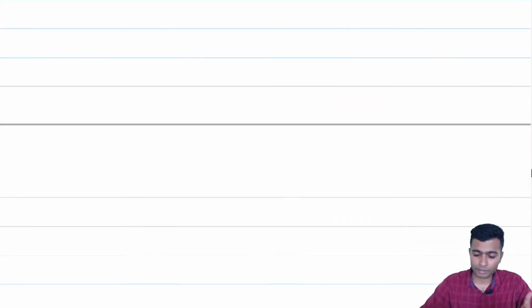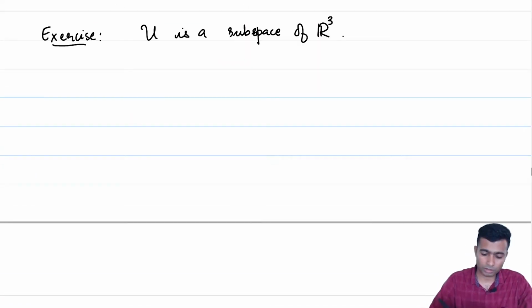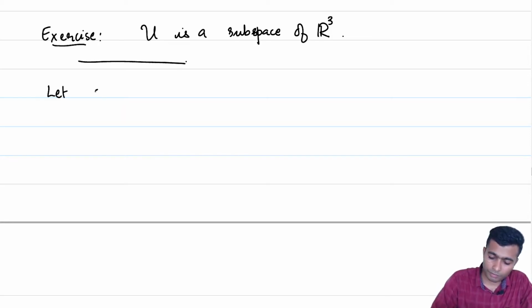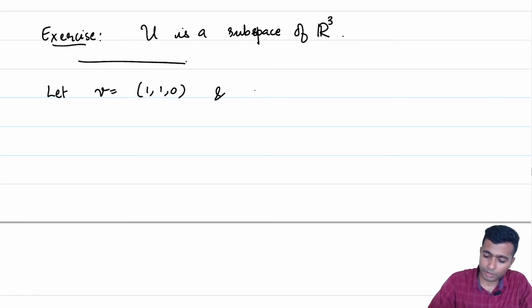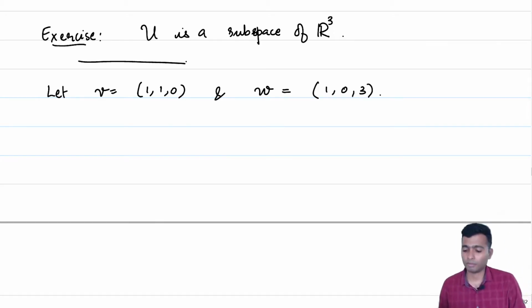Okay, let's play the game with more vectors now. So let V be equal to (1, 1, 0) and small w be equal to (1, 0, 3), and let's ask the same question.